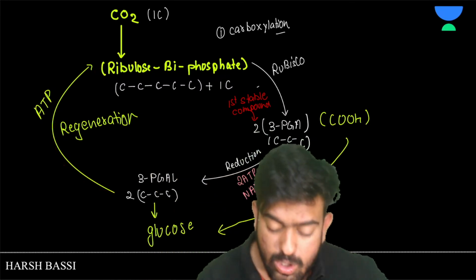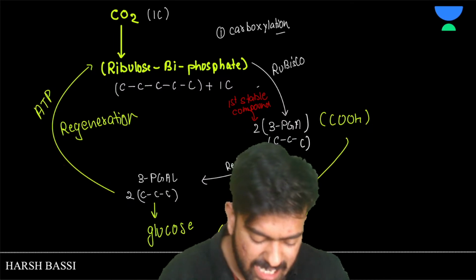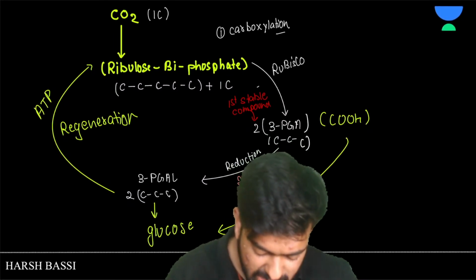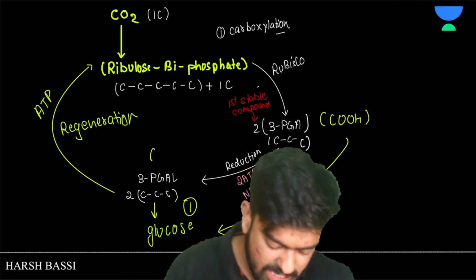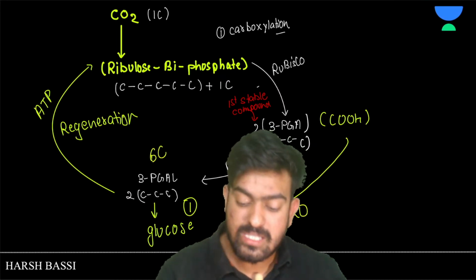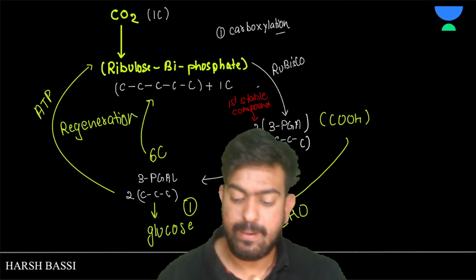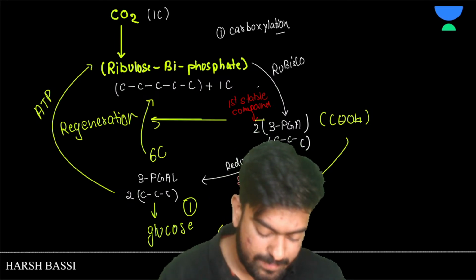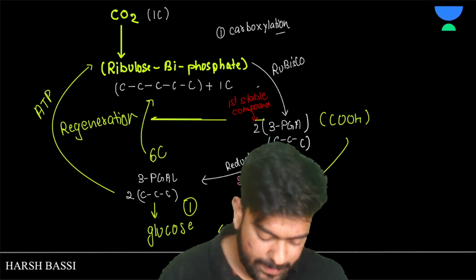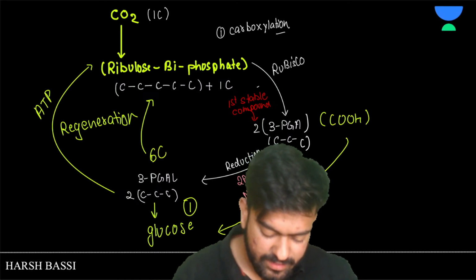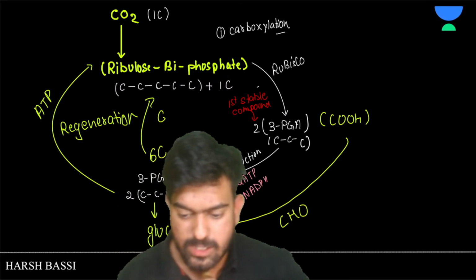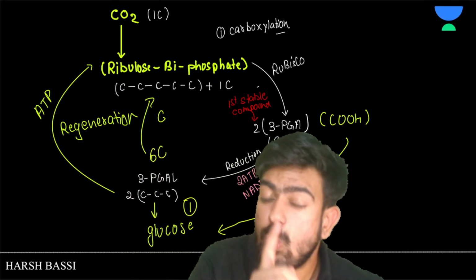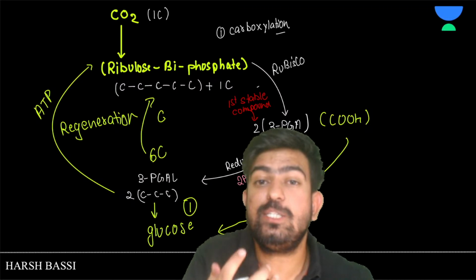Clear? So to make glucose, how much carbon is left? Only 1 carbon, right? At this point, the 3 PGAL has a total of 6 carbon, and from the 6 carbon it has to give 5 carbon back to RuBP. So only 1 carbon is left with 3 PGAL. Yes or no? Yes.